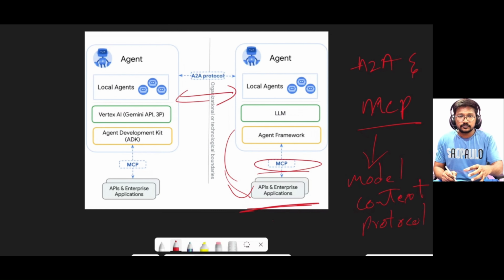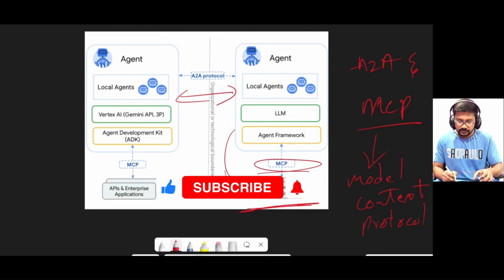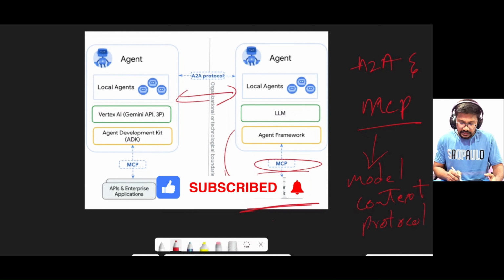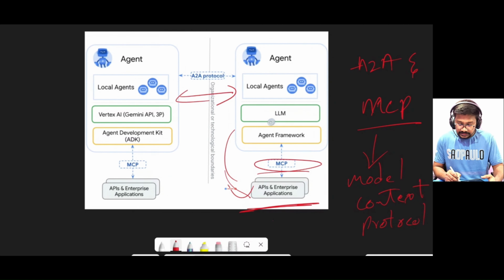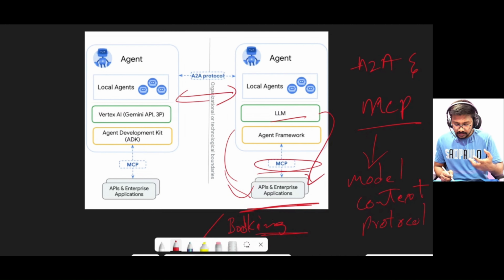So when a user says, book a flight for this particular date, if we give this statement in English, then the LLM tries to contact the booking API to book a flight.